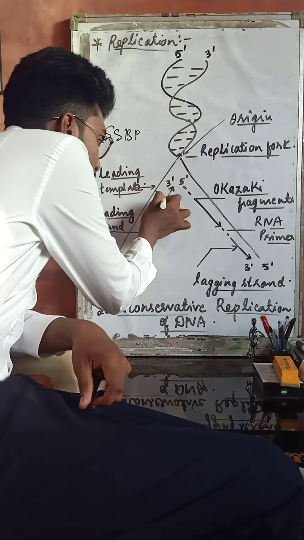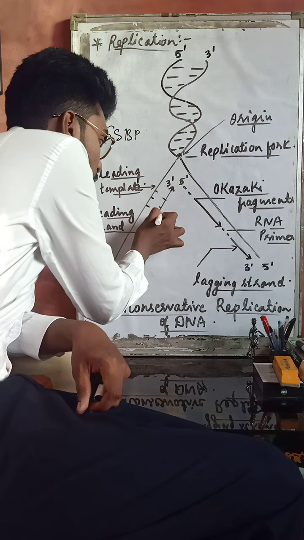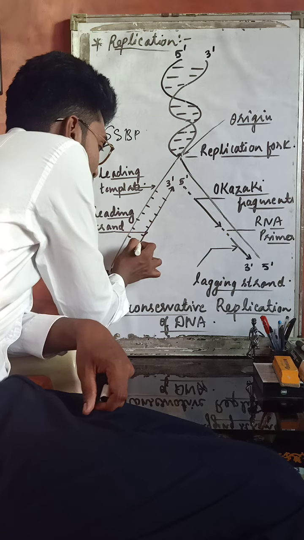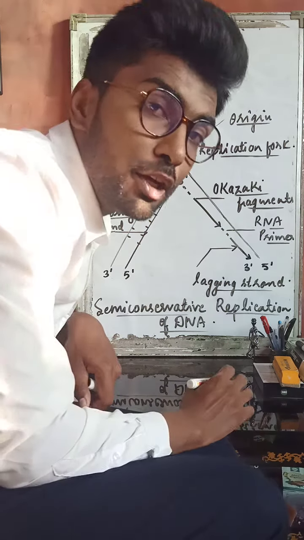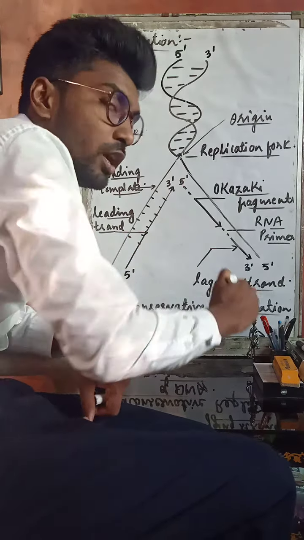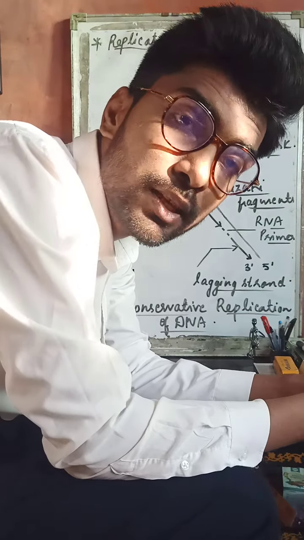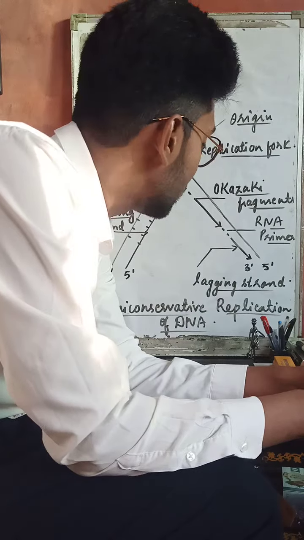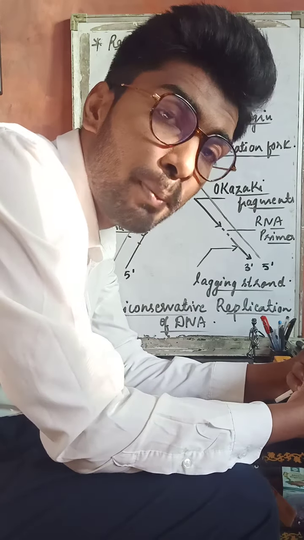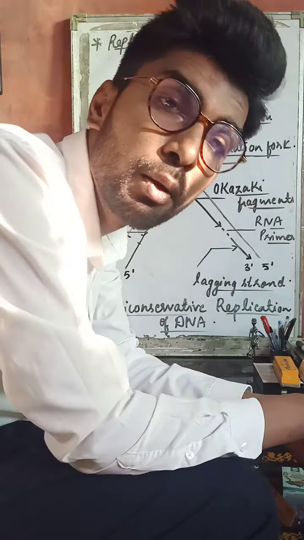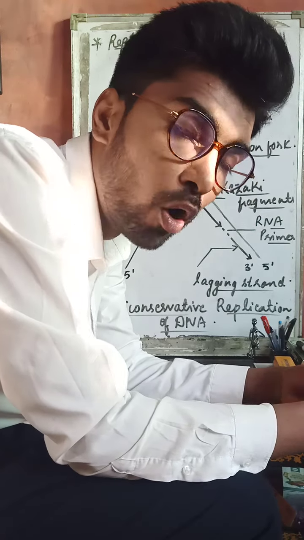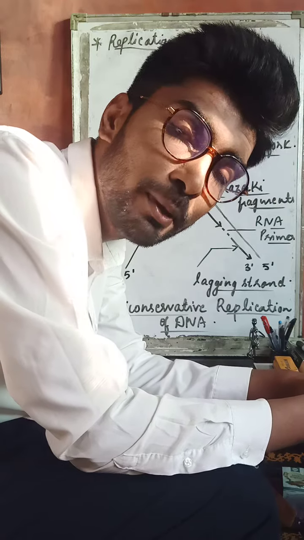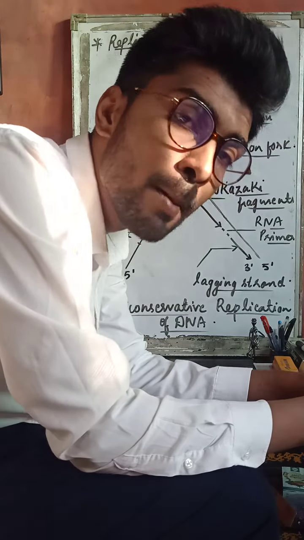Thus there is a formation of a hydrogen bond between them. Further, these nucleotides play an important role in the formation of the phosphodiester bond. Whatever nucleotides are bound with each other, there will be a formation of the phosphodiester bond.